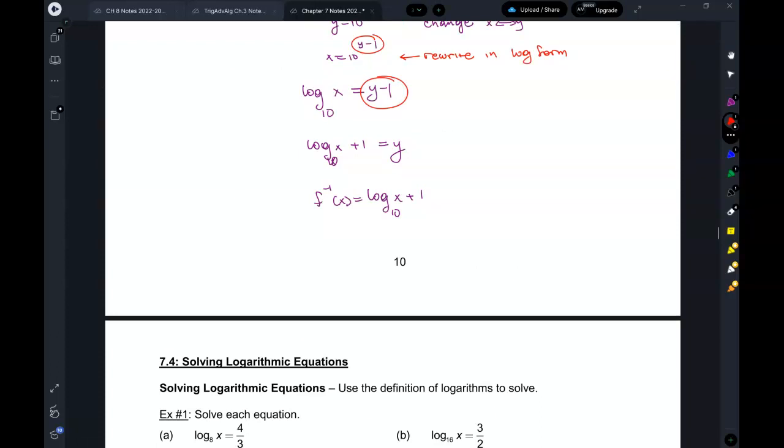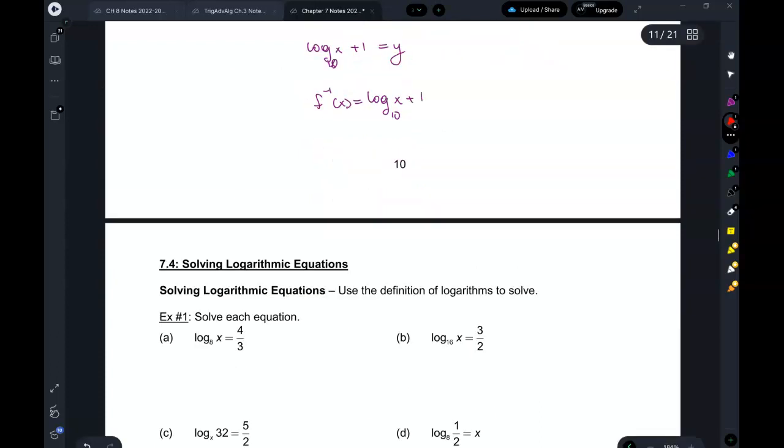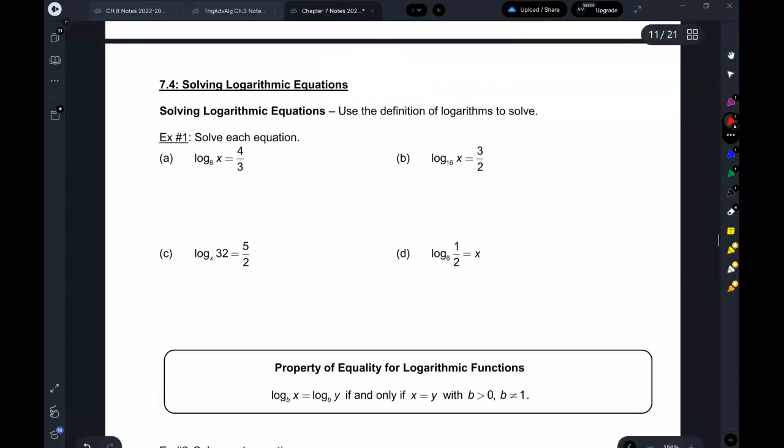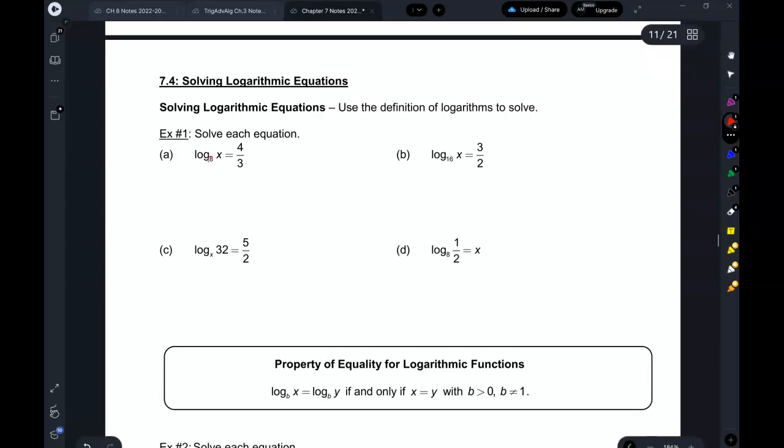It's just this page. So here, we're going to solve logarithmic equations basically using the same properties. So here we have a logarithm. Where's the base? 8. Where's the exponent? 4/3. So we say x equals 8 to the 4/3. And I can totally simplify that because I'm an expert from the last chapter. This is the cube root of 8 to the power of 4.